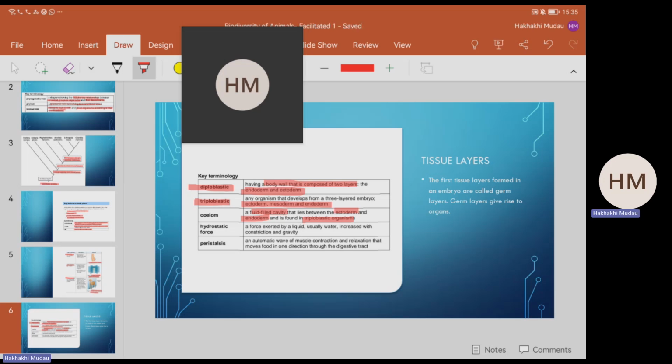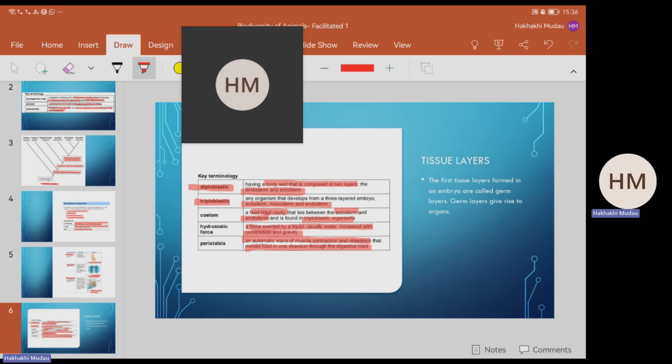And then when we talk about hydrostatic force, it's a force exerted by liquid, usually water, increased with constriction and gravity. Then when we talk about peristalsis, this is an automatic wave of muscle contraction and relaxation that moves food down in one direction through the digestive tract. As I mentioned, your digestive tract is made up of your esophagus, the stomach, and the intestines, right?